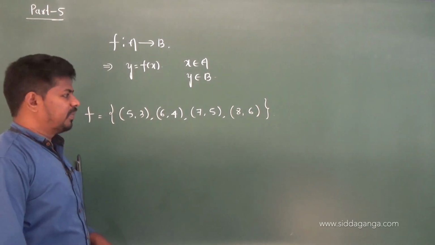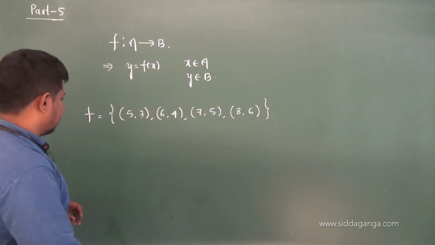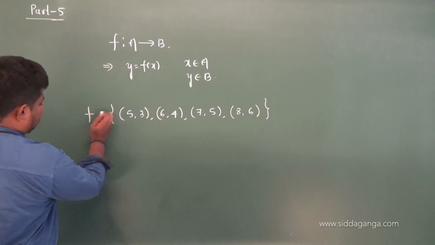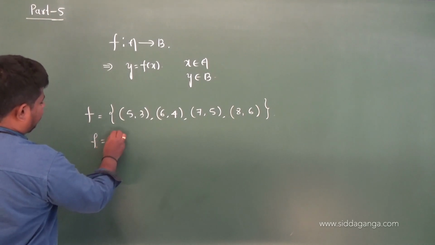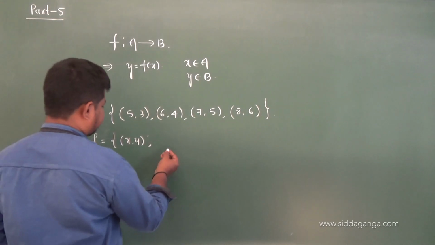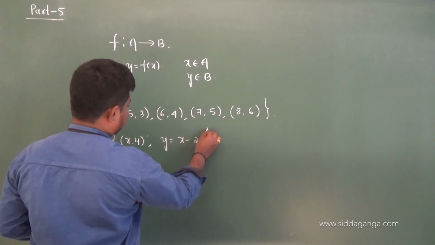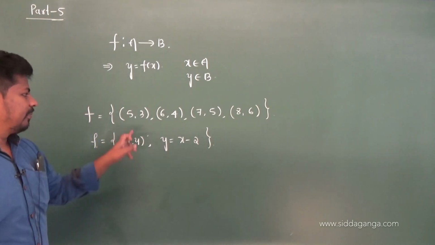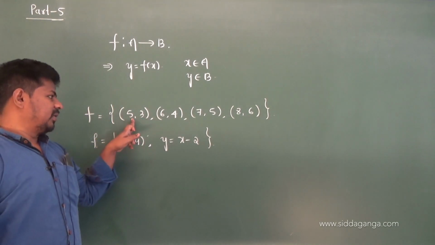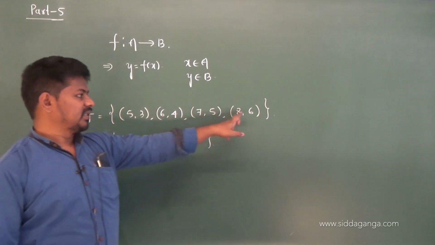Let's observe the relation between these two. If we take the first as x and the second as y, I can write this function in set builder form as {(x, y) such that y is equal to x minus 2}. See, 3 is 5 minus 2, 4 is 6 minus 2, 5 is 7 minus 2, 6 is 8 minus 2.